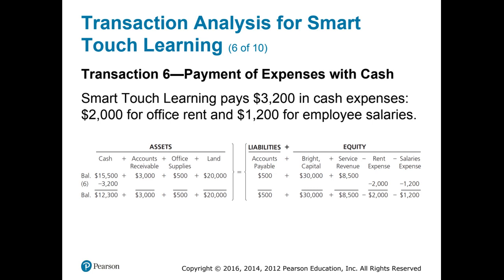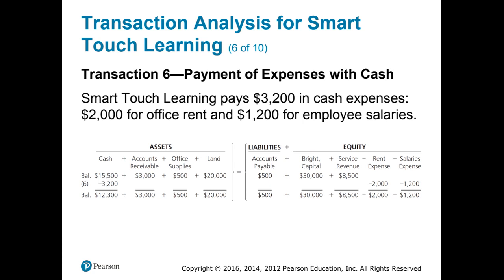And that $3,200 is going to then affect the other two accounts, which we said were office rent and employee salaries. And we paid it out. So we're going to reduce our rent expense by $2,000.